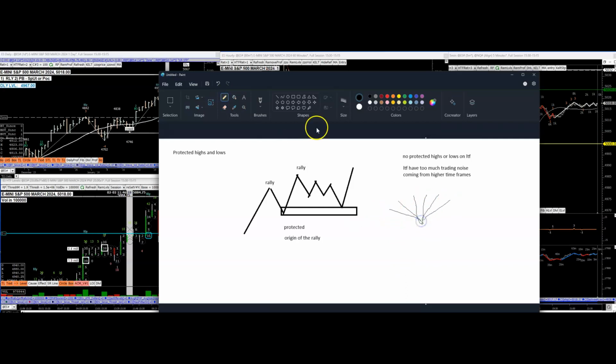All these traders. So let's say you have 5-minute, 15-minute, 60-minute, you know, you have 180 or 240, you have daily that may be entering.